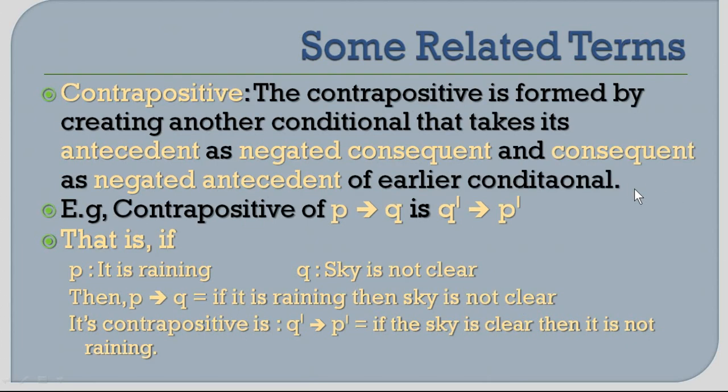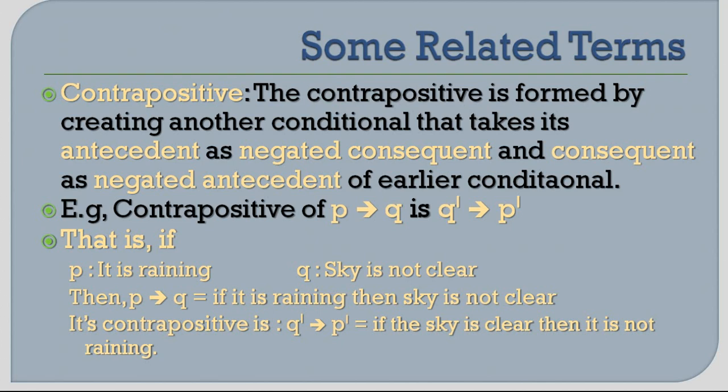Now the last one is contrapositive statement. So here contrapositive is formed by creating another conditional that takes its antecedent as negated consequent and consequent as negated antecedent of the earlier conditional. So here you can see that you are going to combine both converse and inverse. So converse what you did is you interchanged and inverse what you did is you negated.